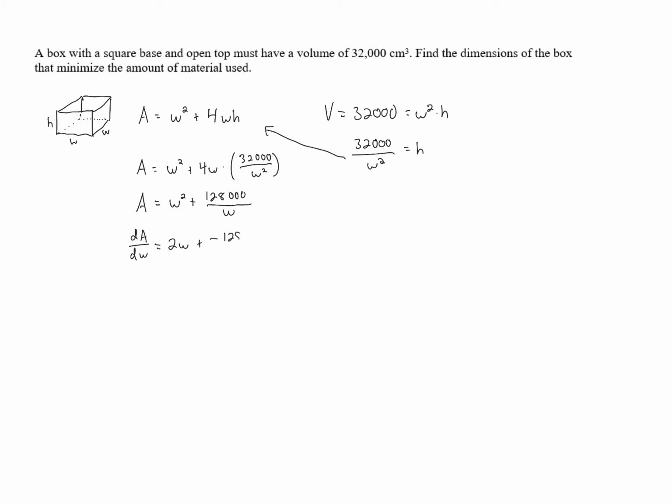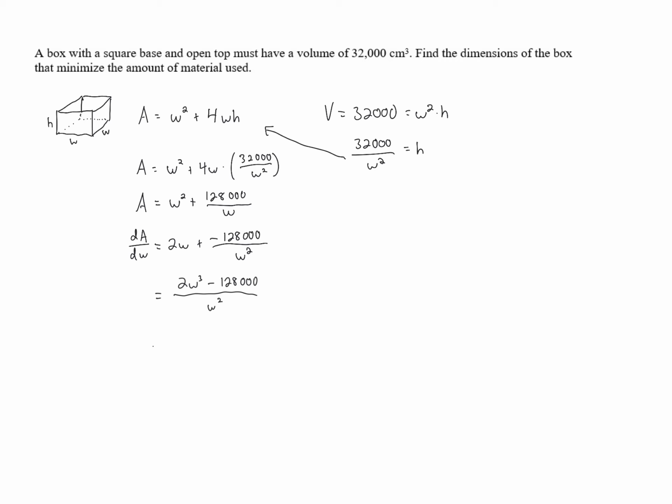And we'll still keep that 128,000 in there, and that'll all be over w squared. Now, it would be nice to combine these into one fraction. If we do that, that will give us 2w cubed minus 128,000 all over w squared.